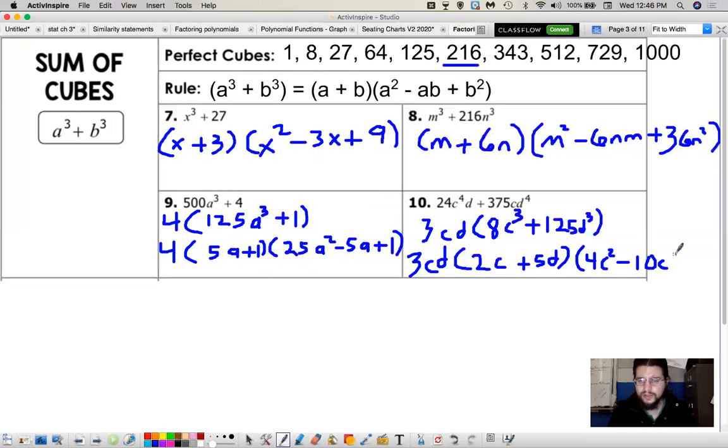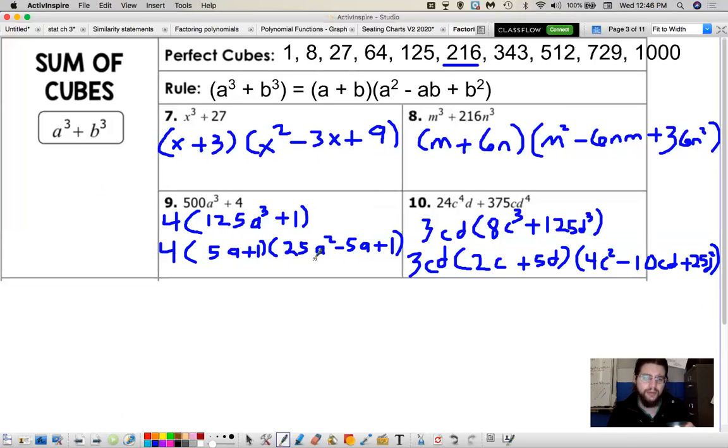I'm going to go with CD. And 25D squared. Now let me think about this. Nope, that's not going to work there. Okay. Done. Move on to the next one.